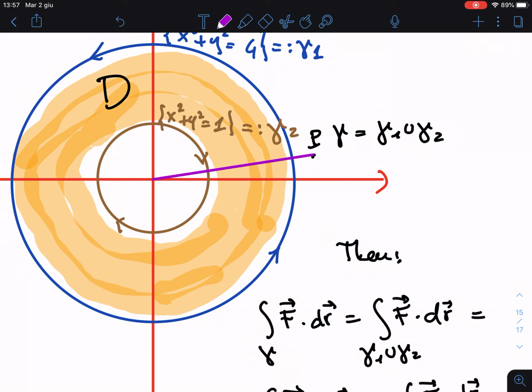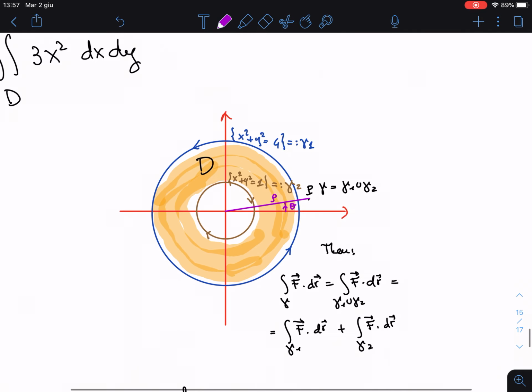The point P of the plane is here, so the distance from the origin is rho, and the angle with respect to the x-axis is theta, measured in the counterclockwise sense. We already know everything, but I just recall it.